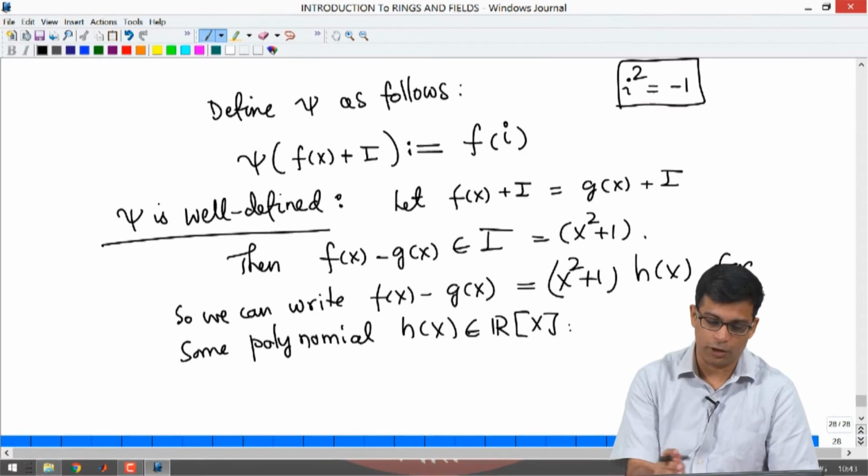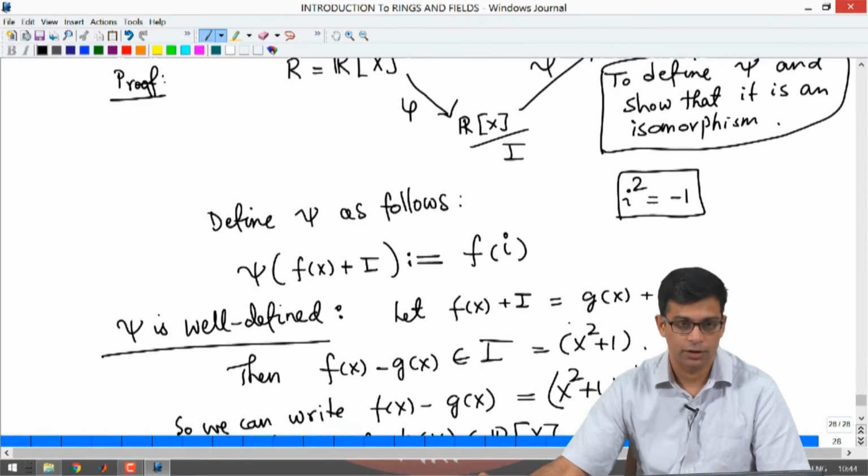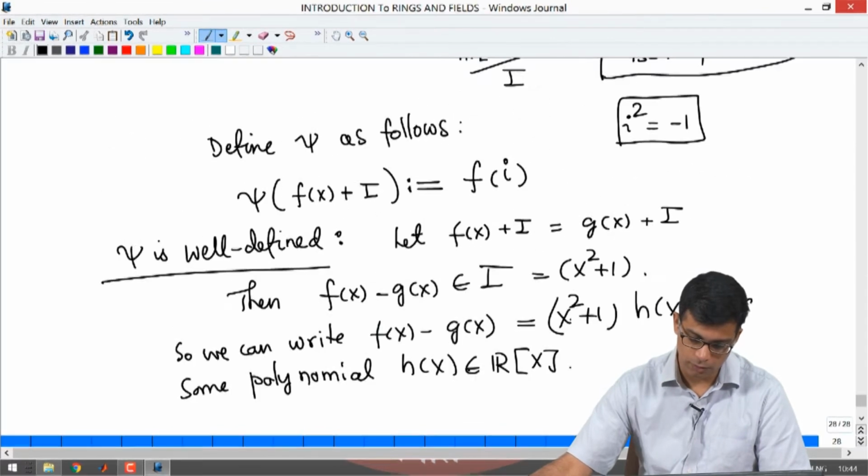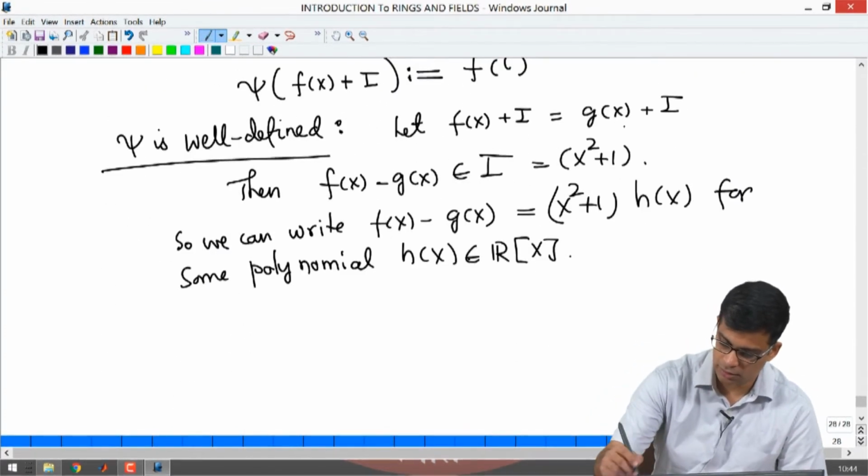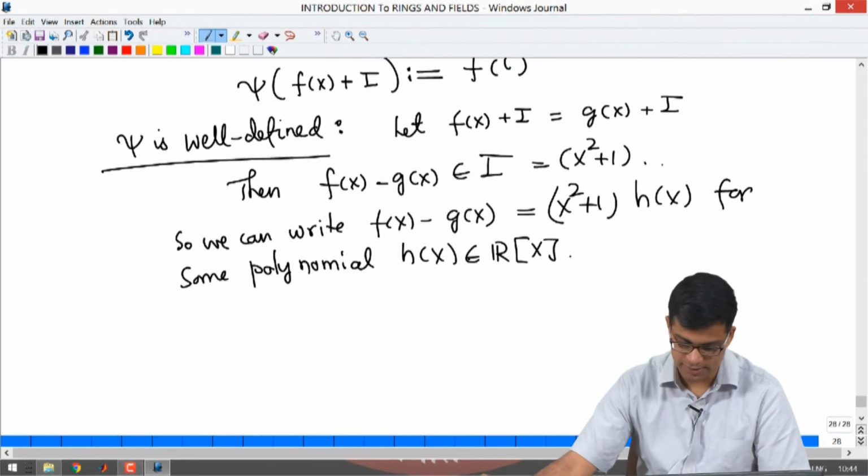See, all this is happening now in R[x], not R[x]/I. So, everything from this point onwards is happening in R[x].